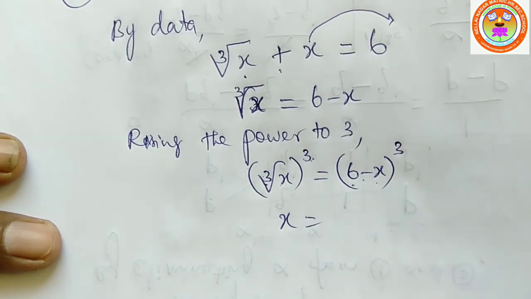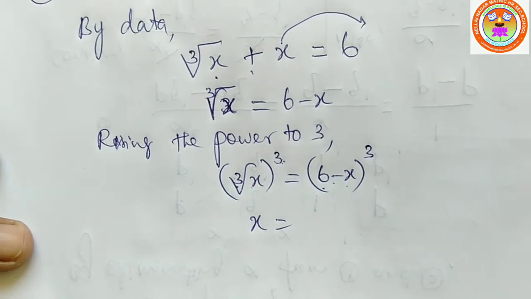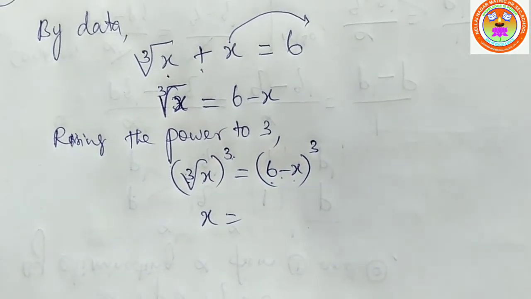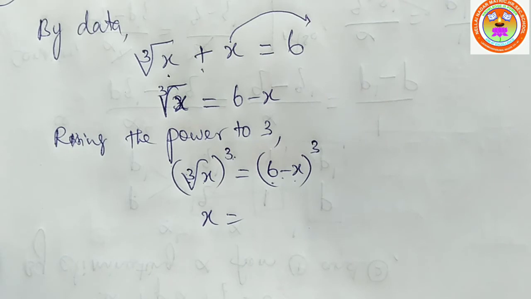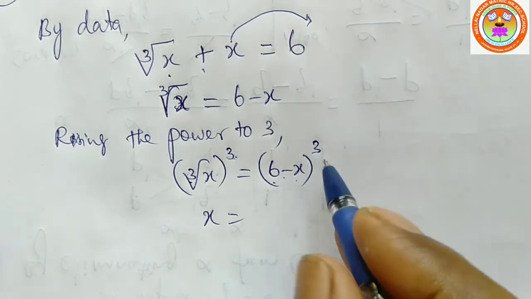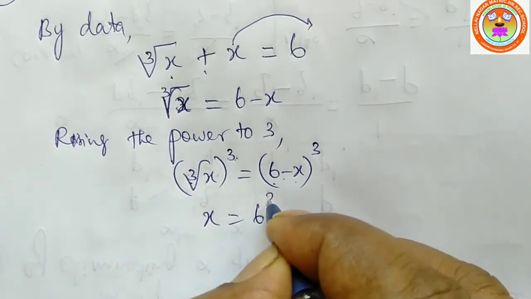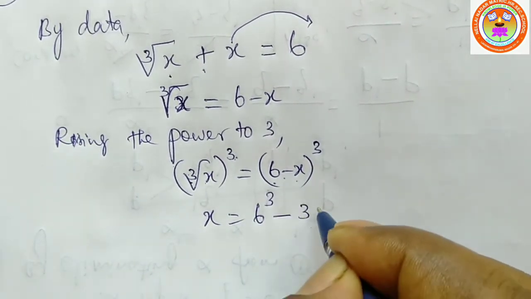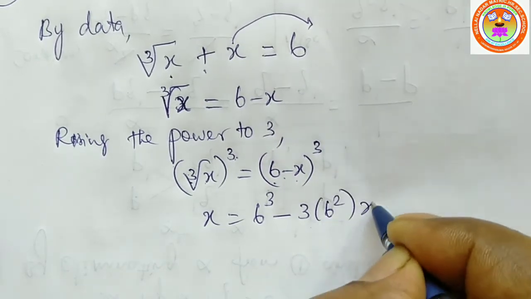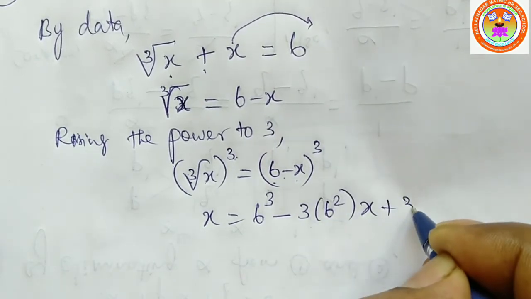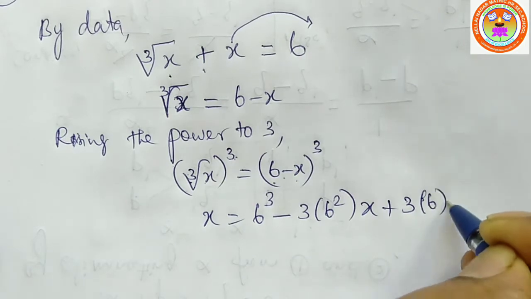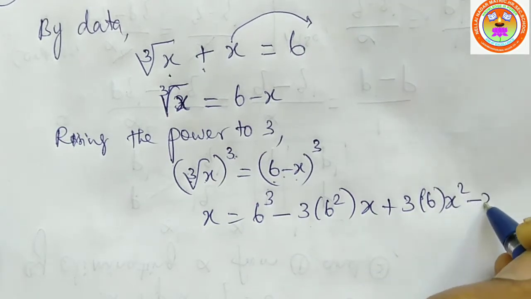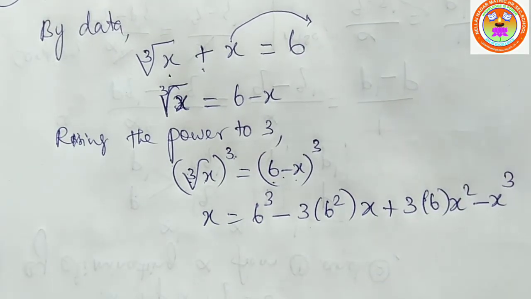What is a minus b the whole cube? A minus b the whole cube is a cube minus 3a square b plus 3ab square minus b cube. So it is becoming now a cube minus 3a square into b plus 3ab square minus b cube.